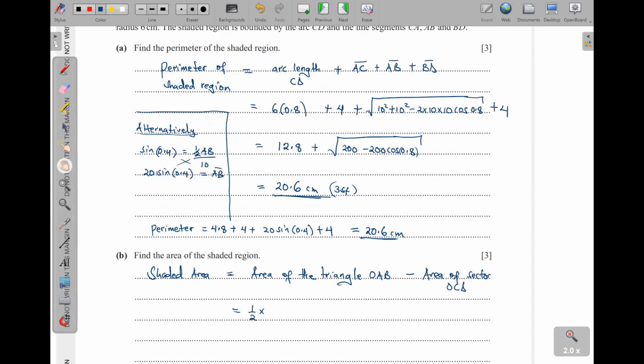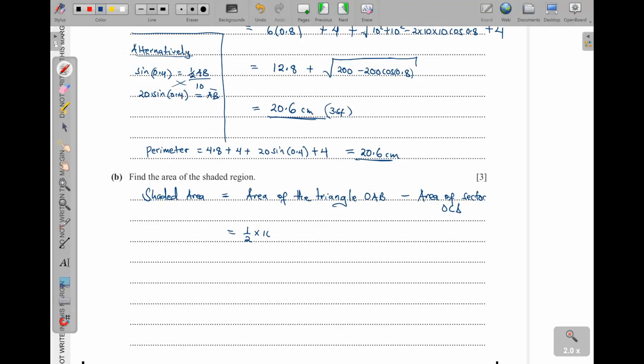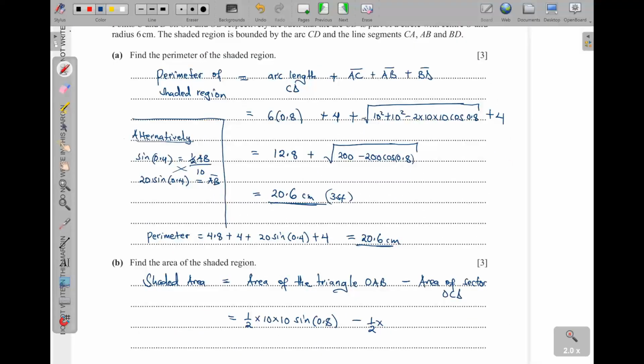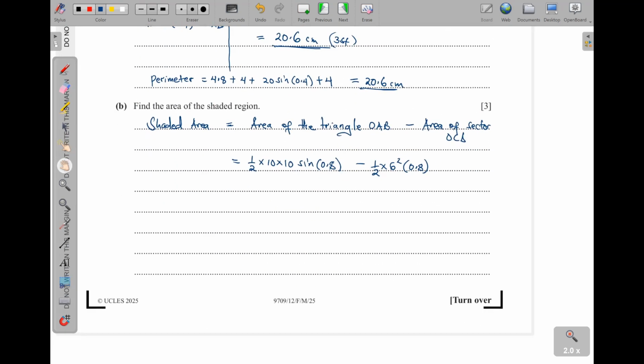So I have a half times 10 times 10, then sine of the angle in between, which is 0.8, and then minus the area of the sector, which is a half r squared theta. And the r, for this small sector here, the radius is 6. So times 6 squared, then the theta is 0.8. Then we can put all of this in the calculator and we get the answer. But first I can simplify this.